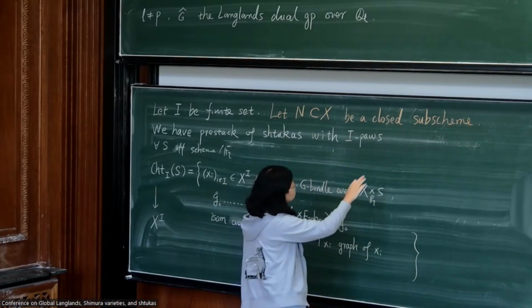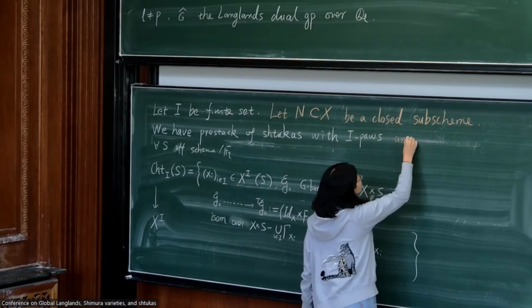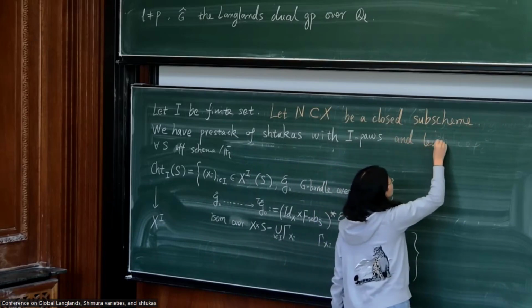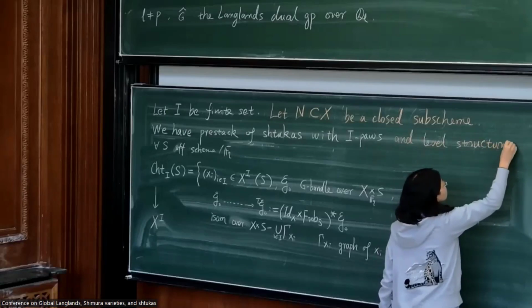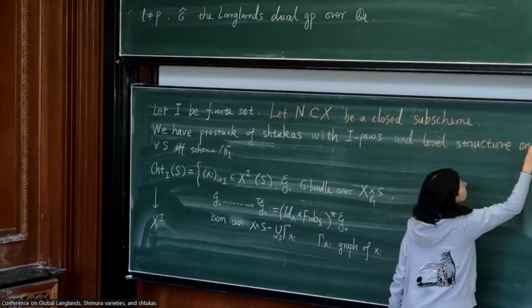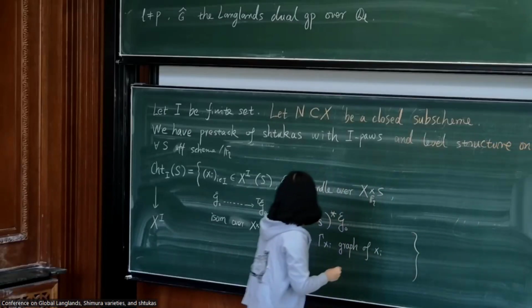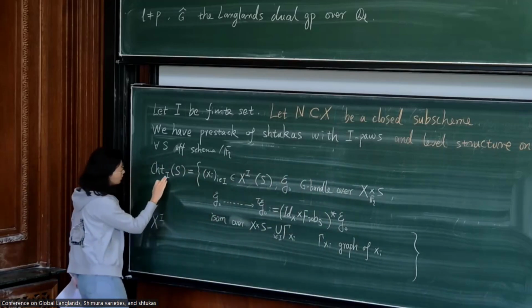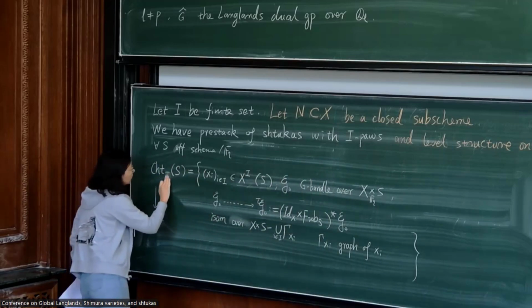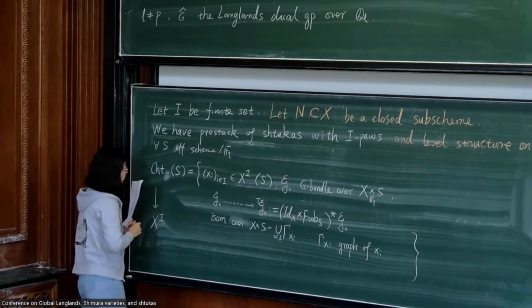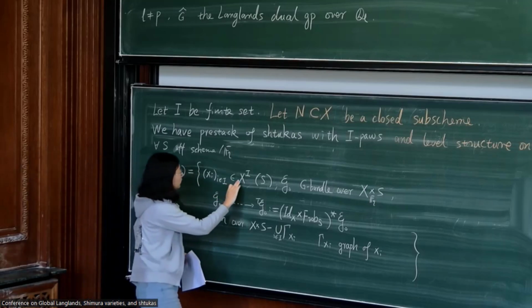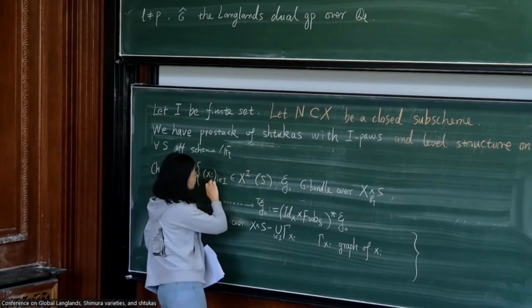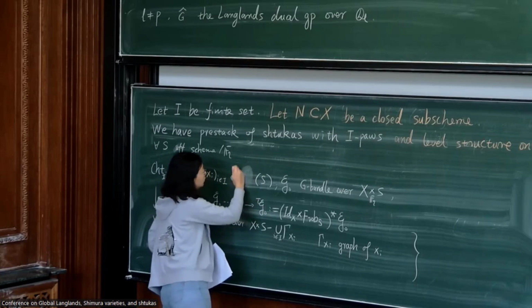We have the stack of shtukas with I legs and level structure on N, which we denote Sht_{I,N}, indexed by I and by N. In the definition, we will allow the legs outside the level.